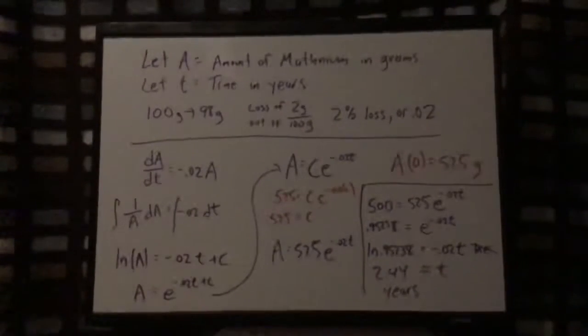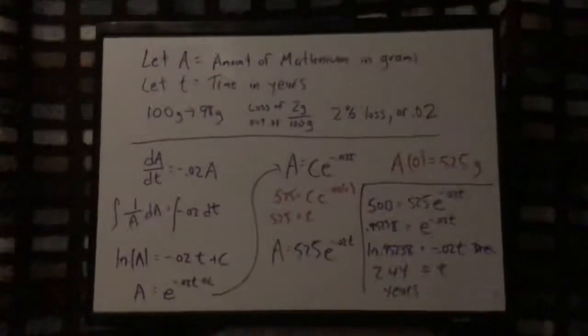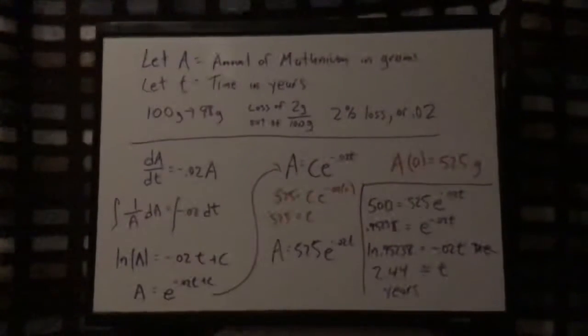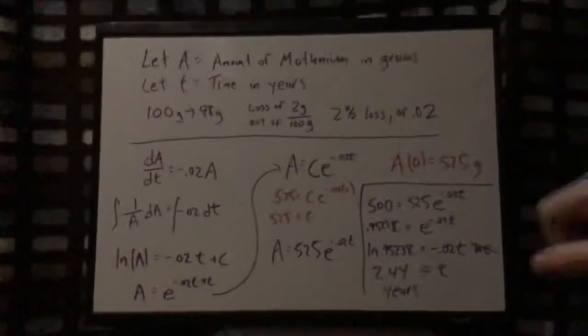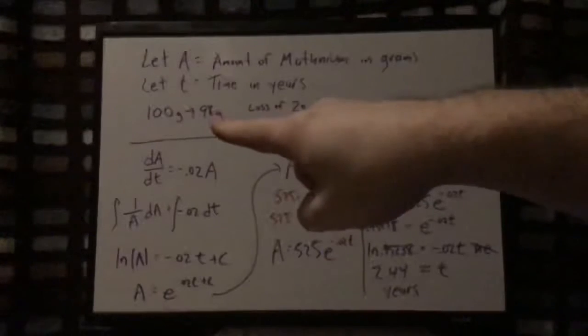All right, so the solution, I set up all the work. Basically, A is the amount of mathnium in grams at a given time, t, in years. Now, the way I got the percent decrease was to basically do like you would in middle school. 100 grams became 98 grams.